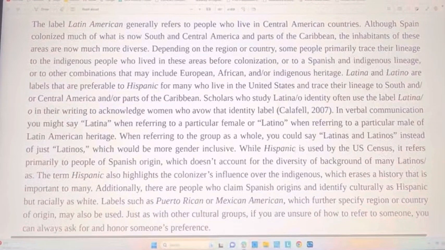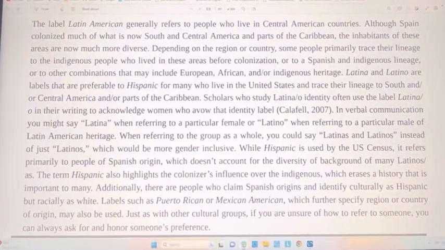Latina and Latino are labels that are preferable to Hispanic for many who live in the United States and trace their lineage to South and/or Central America and/or parts of the Caribbean. Scholars who study Latino identity often use the label Latina or Latino in their writing to acknowledge women who avow that identity label.